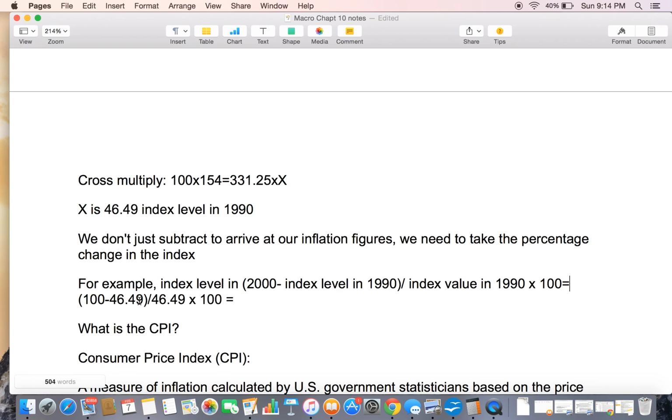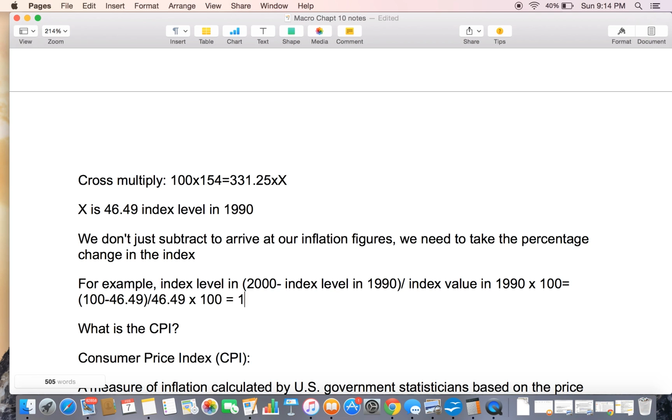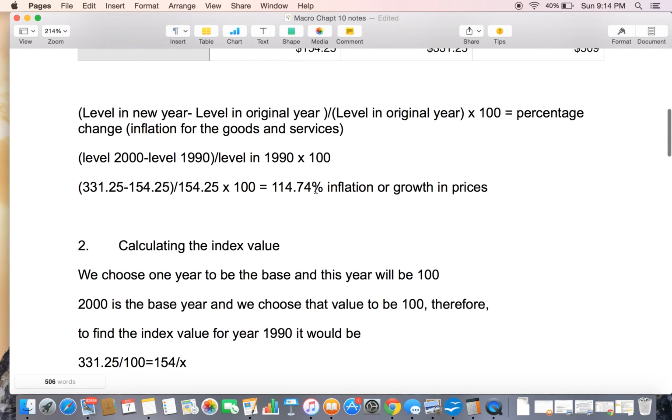So 100 minus 46.49 divided by 46.49 gives us roughly, and so absent a little bit of rounding errors that we have here, 115% inflation, which is essentially what we had up here, or 115% inflation.